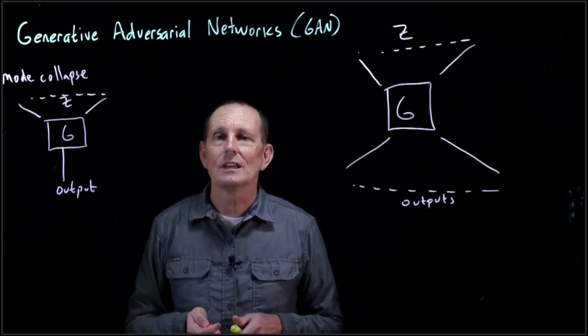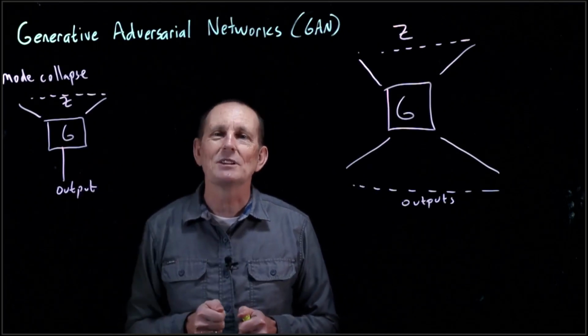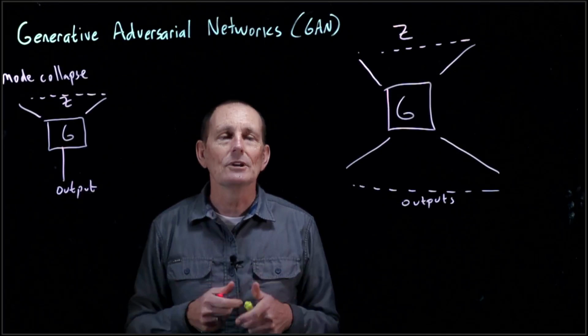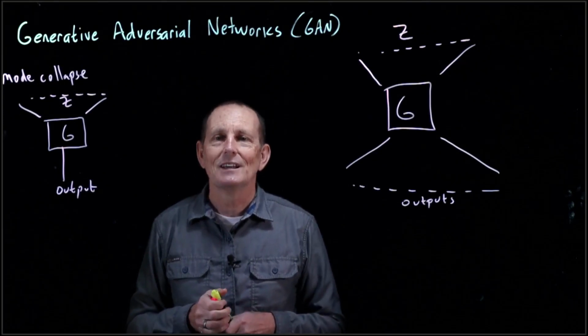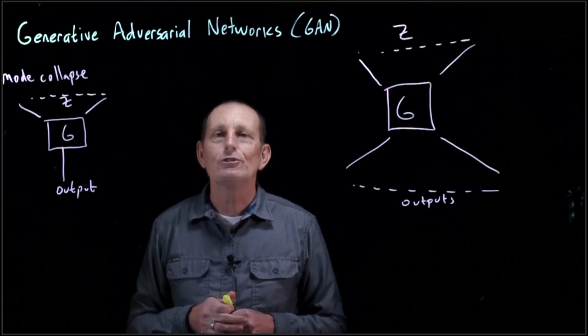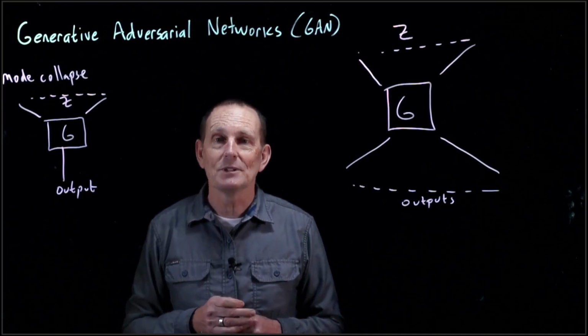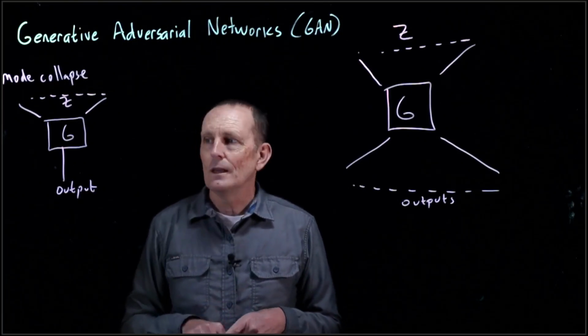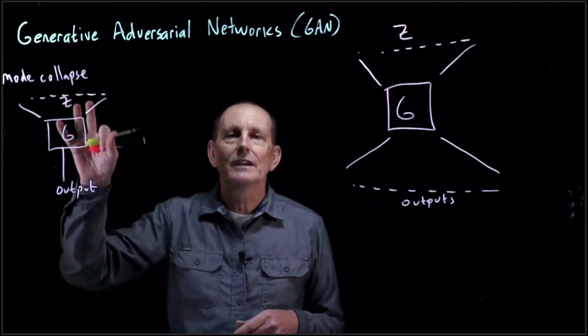Let's look at the discriminator in this case and what happens in training when you have mode collapse, and why this can continue. Unfortunately, the training process allows mode collapse. Let's say we're doing fake IDs again.